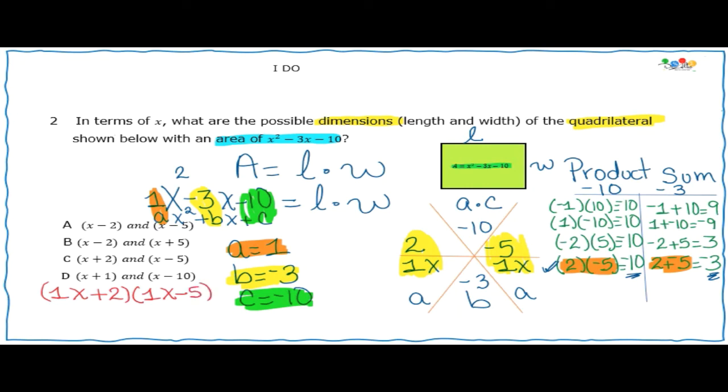And we can rewrite it, because the 1 is not needed, so it can be x plus 2 and x minus 5. Do you guys see that answer anywhere here? x plus 2 and x minus 5? Yes, you're right. The answer should be letter C for that one. Okay, very good.